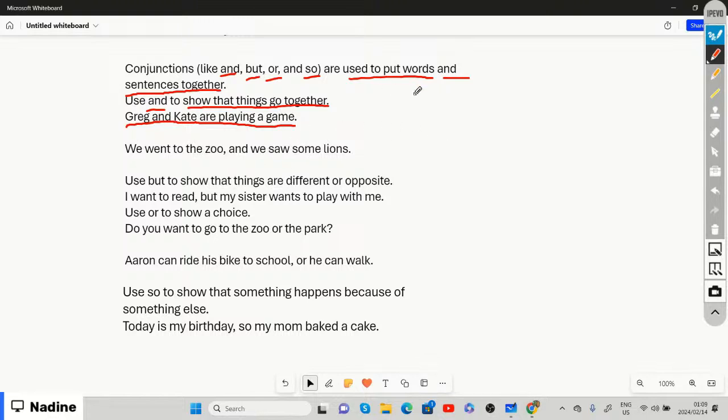When we use the words Greg and Kate, this is to put words together, because now you're saying it's this person and that person, because it goes together. And then our next example says, we went to the zoo and we saw some lions, which means that this is now joining two sentences.